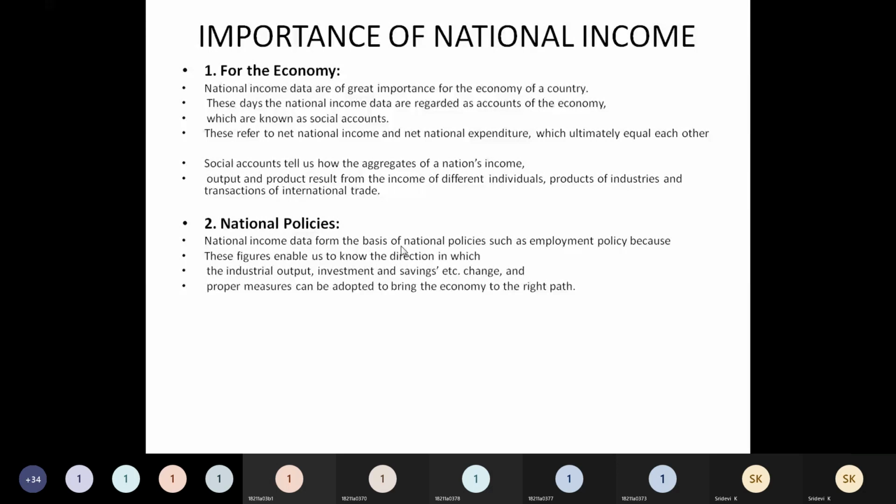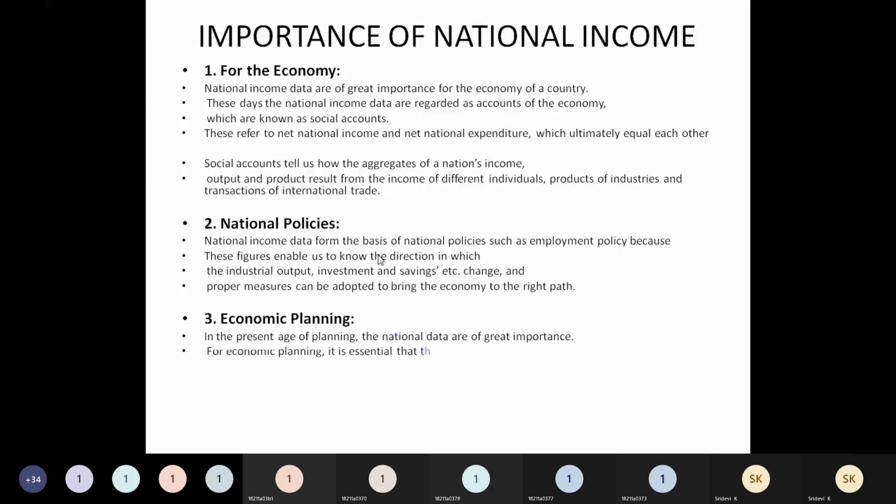And the third important thing where the national income is utilized is economic planning. What is economic planning? This is related with the country's gross income, savings, consumption, from different sources, different areas.